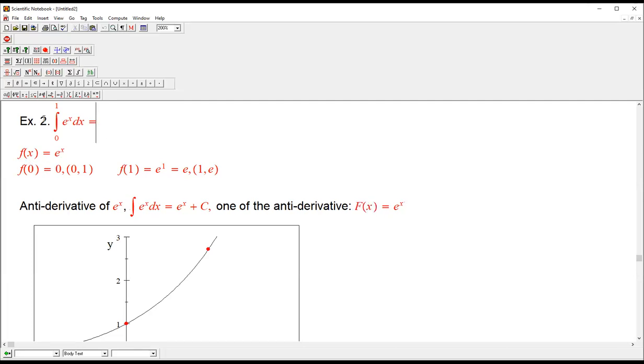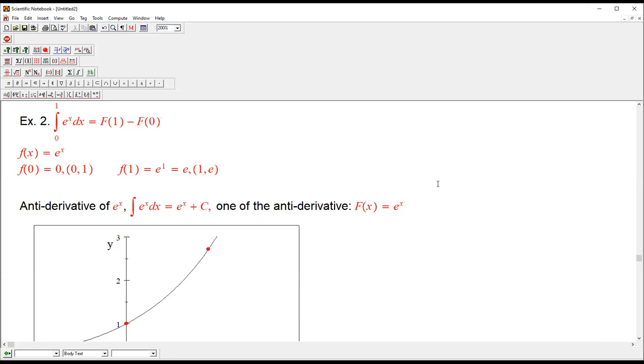The fundamental theorem of calculus part 2 says the integral equals capital F evaluated at the endpoints: F of 1 minus F of 0, which is F of b minus F of a. In our case, b is 1, a is 0.